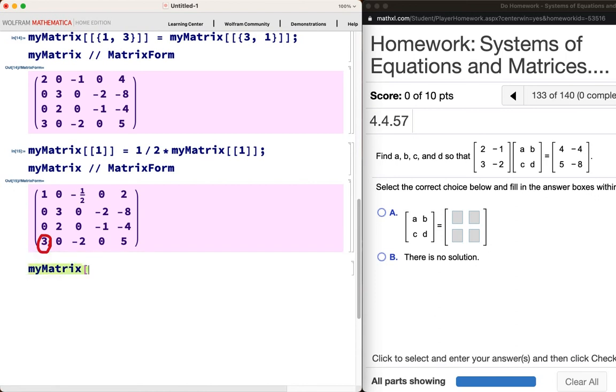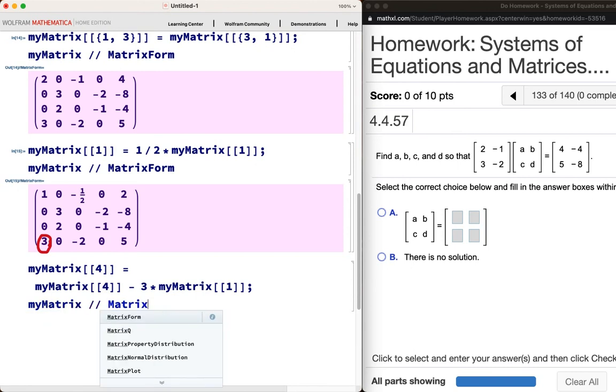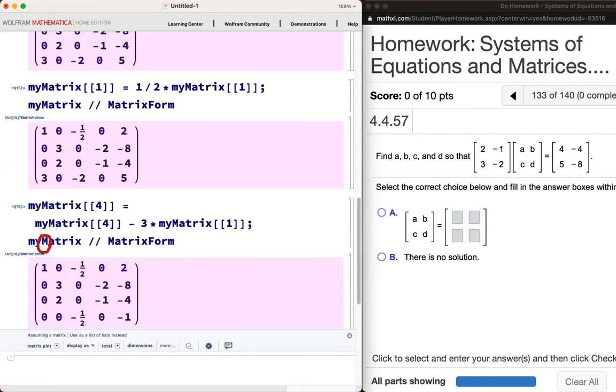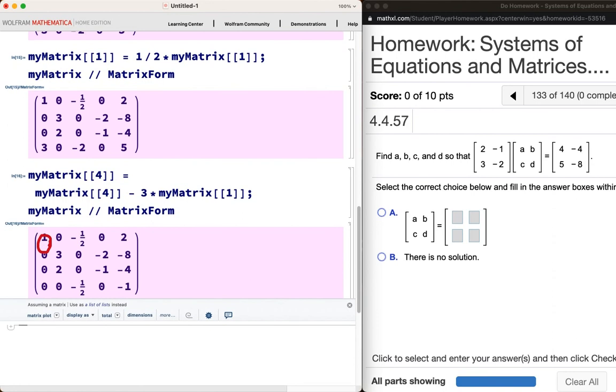It's in the 4th row. So you're going to take every number in the 4th row minus 3 times every corresponding number in the 1st row. Because 3 minus 3 times 1 is 0. And then you're going to get exactly what you want.